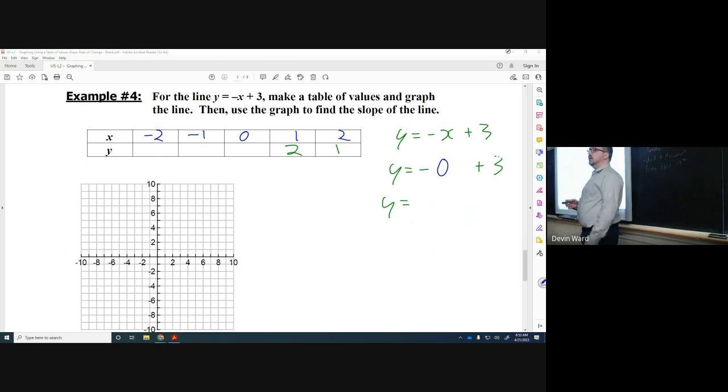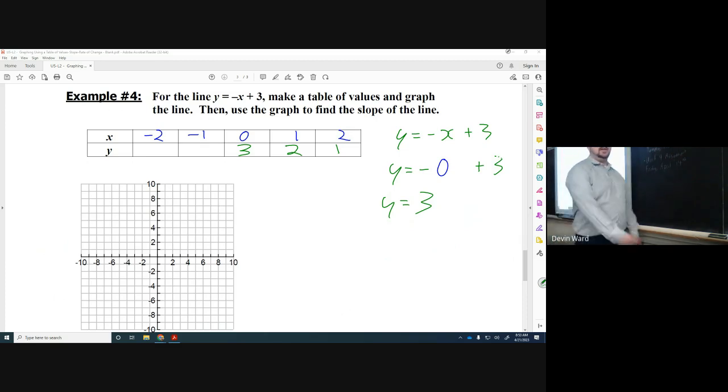If x equals 0, y will equal... yeah, the last example we did was -3, right? That's from the first one. +3.